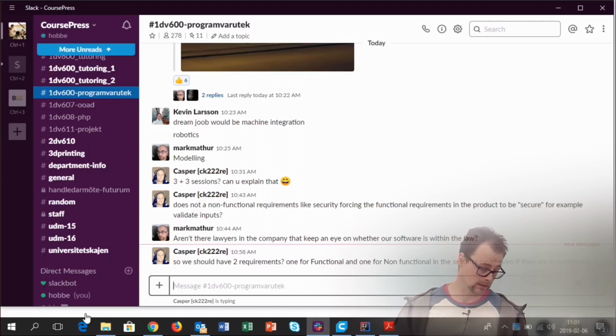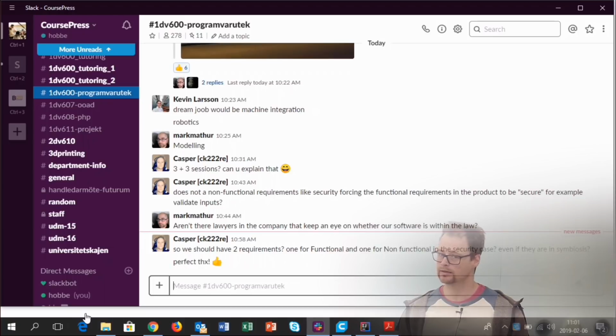So it can be many requirements. It's quite easy to just write that the system should be secure in the requirement specification, but that doesn't really cover a good requirement. You need to break it down into what's actually meant by that.